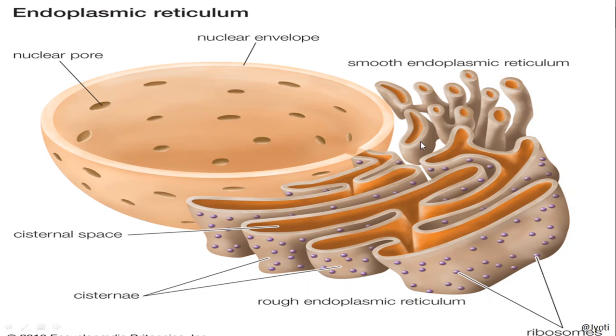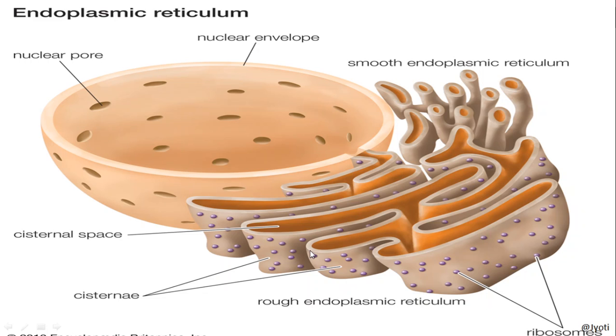Here you can see the tubular structures, which are called tubules, and besides that the other structures are the vesicles, that we will see in the next diagram. So this is the location and the structure of endoplasmic reticulum. It forms a reticulum or branched structure, so it is called reticulum.